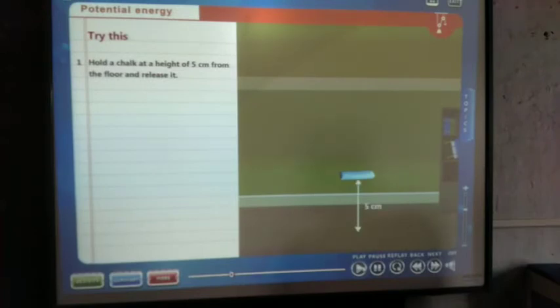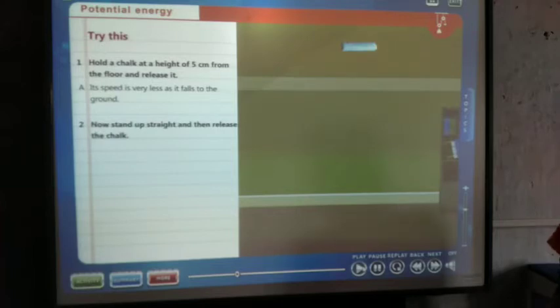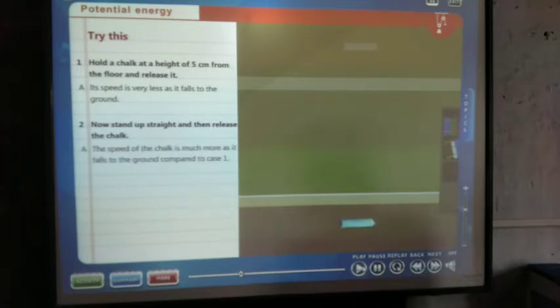Let's try this. Hold a chalk at a height of 5 cm from the floor and release it. Its speed is very less as it falls to the ground. Now stand up straight and then release the chalk. The speed of the chalk is much more as it falls to the ground compared to case 1.